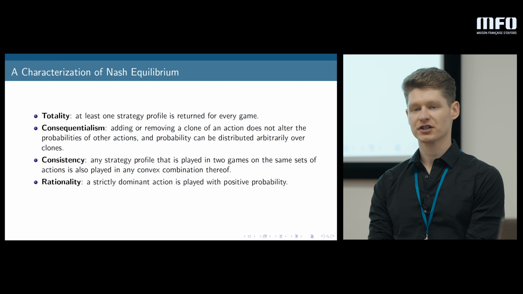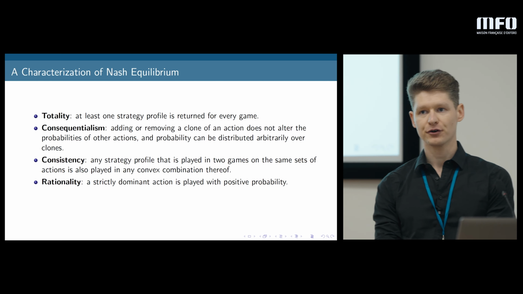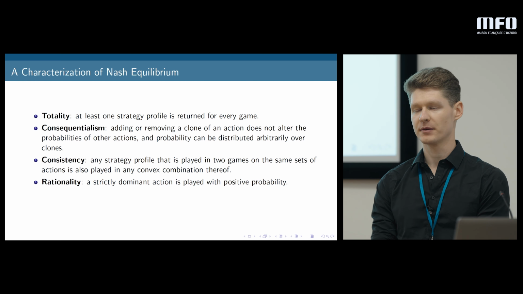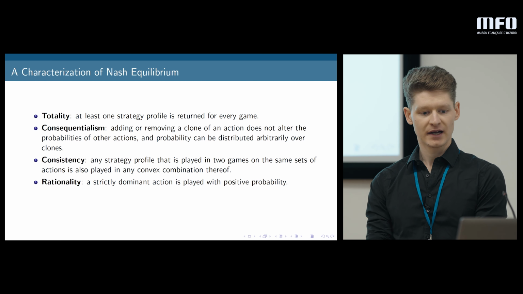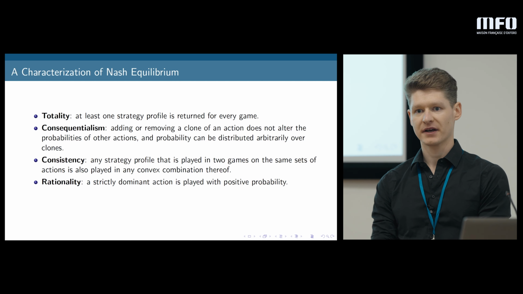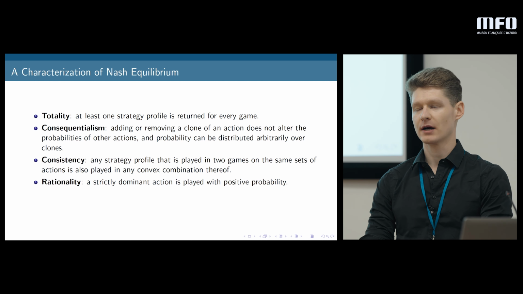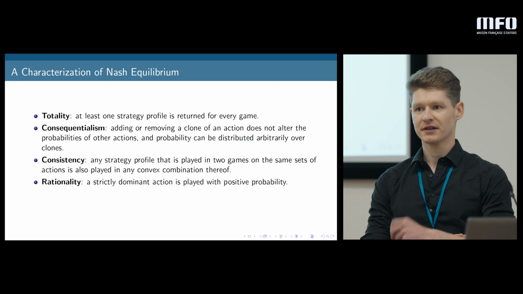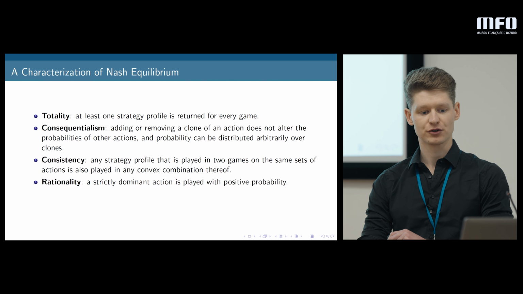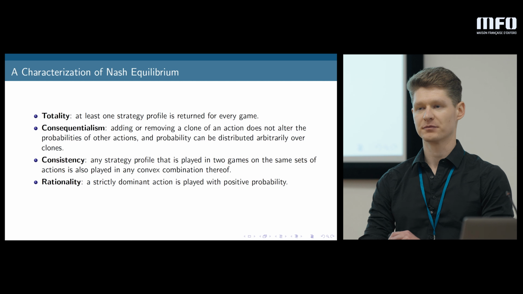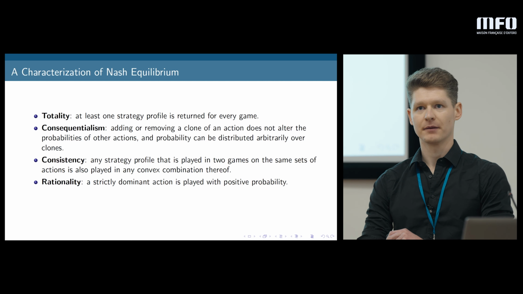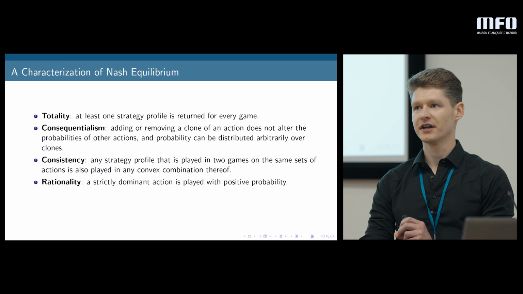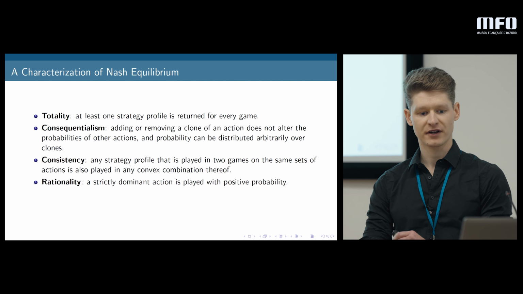One interpretation of this is that there is uncertainty about which of the two games will be played. If we look at the game before we know the outcome of the randomization over those two games, then the solution concept should also choose this same strategy profile. And instead of modeling uncertainty explicitly in our framework, we equate a convex combination of games with a randomization over games.